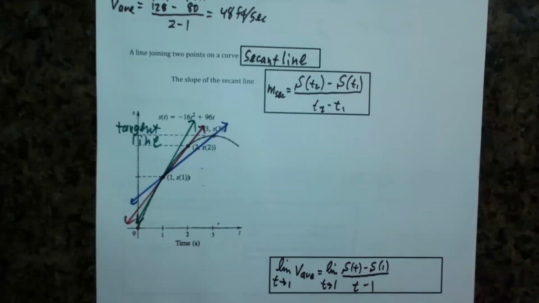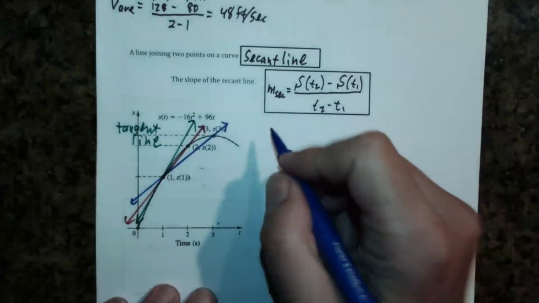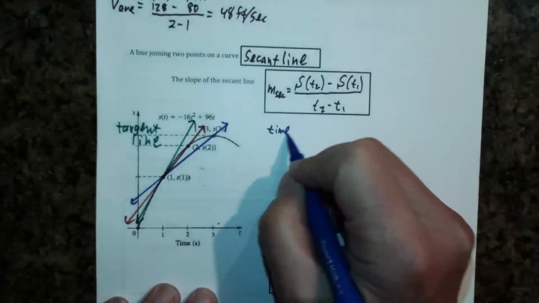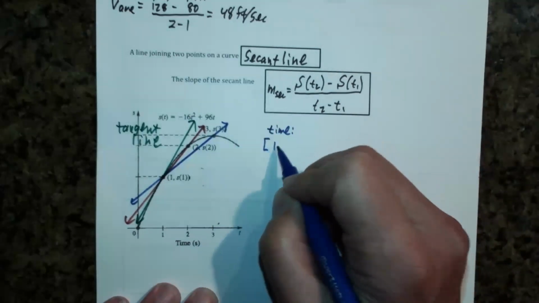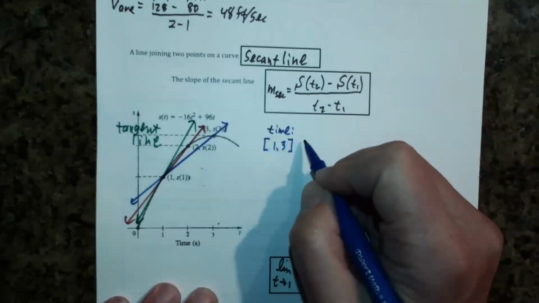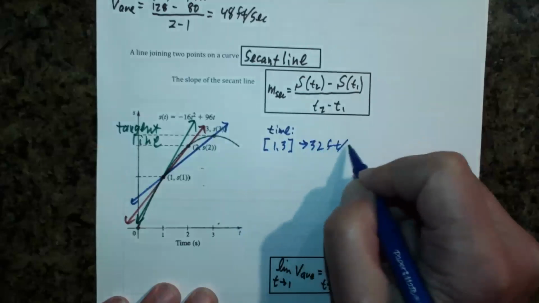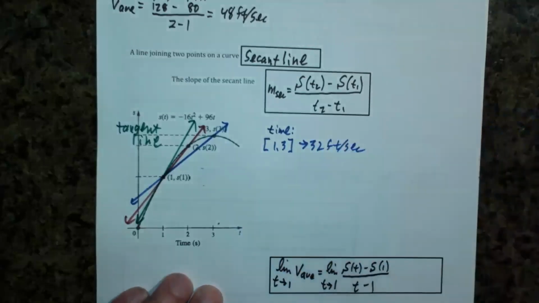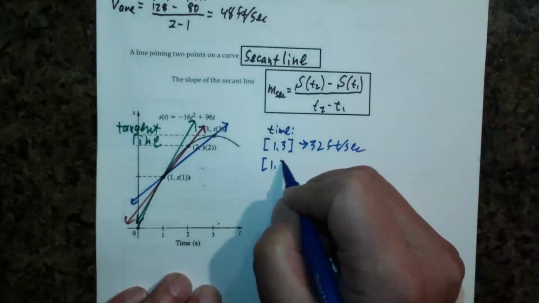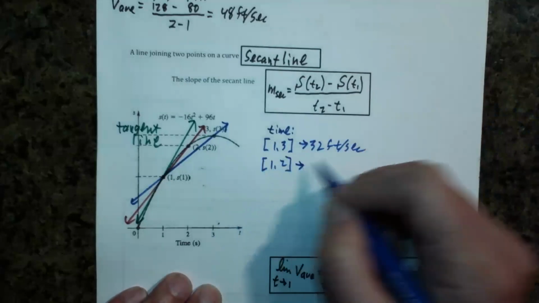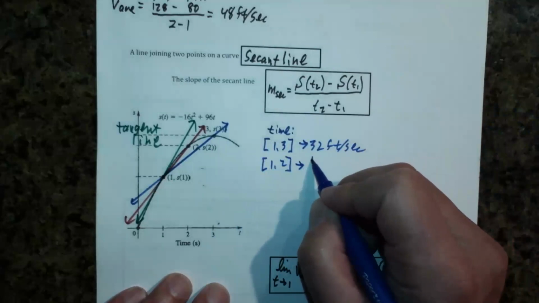Now, we've already calculated that as we go from 1 to 3, our average velocity, we calculated above, is 32 feet per second. And we also did 1 to 2. And we got 48 feet per second.